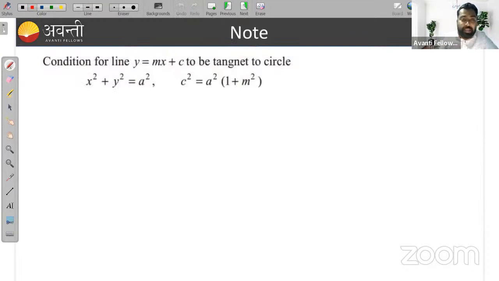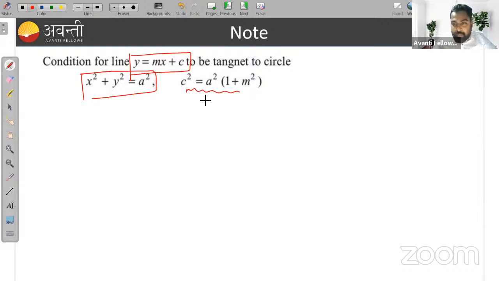When the line is y is equal to mx plus c, and the circle is x square plus y square is equal to a square, then c square is equal to a square into 1 plus m square. That is, we can also say that c becomes plus or minus a into under root of 1 plus m square. Clear, everyone?